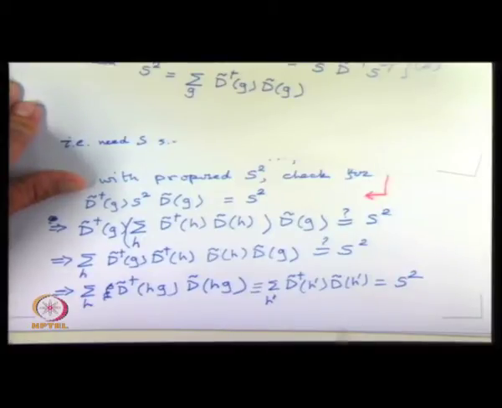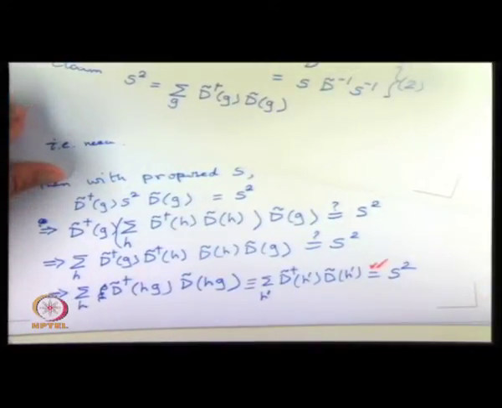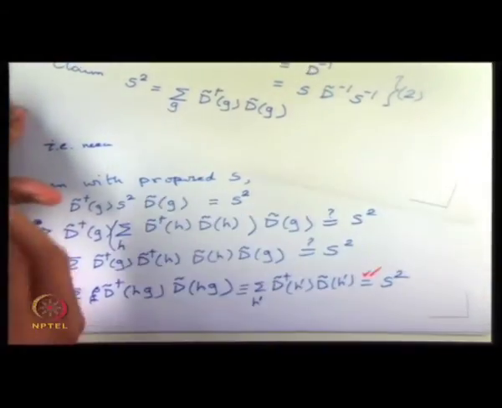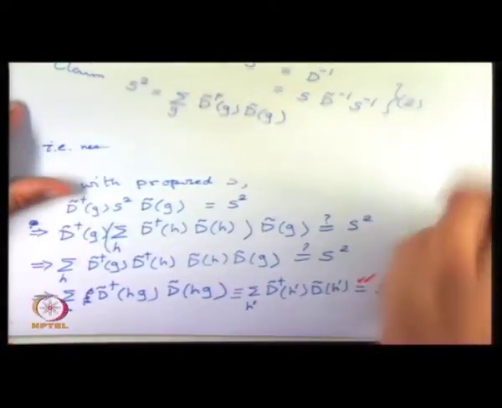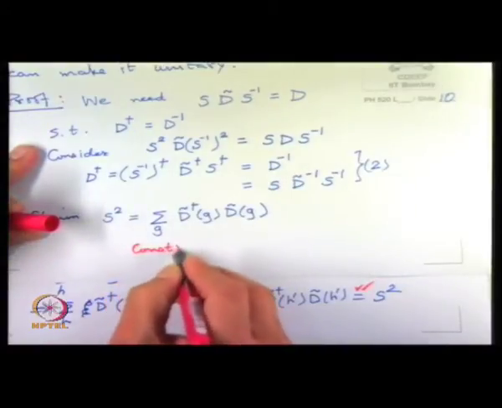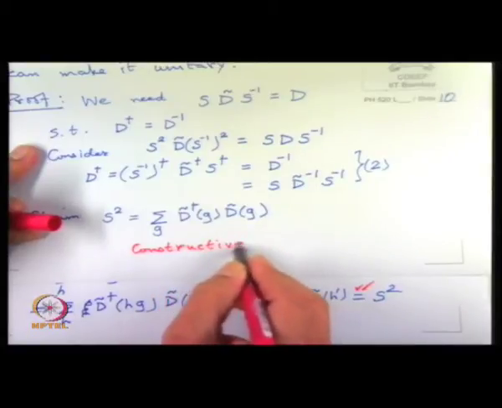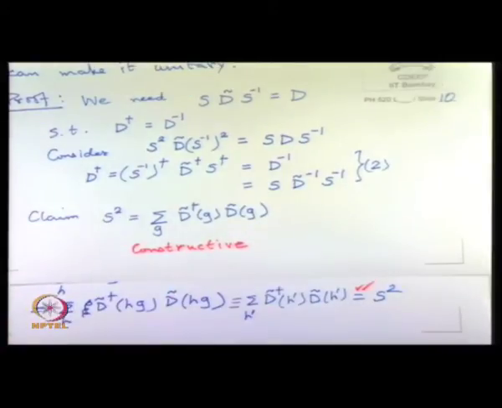Okay. So if we were given any arbitrary D tilde, all we do is, so this is a constructive proof. Okay, this is what is called a constructive proof. Some proofs in mathematics are such that they give you no clue how to actually carry it out, they just prove the existence.